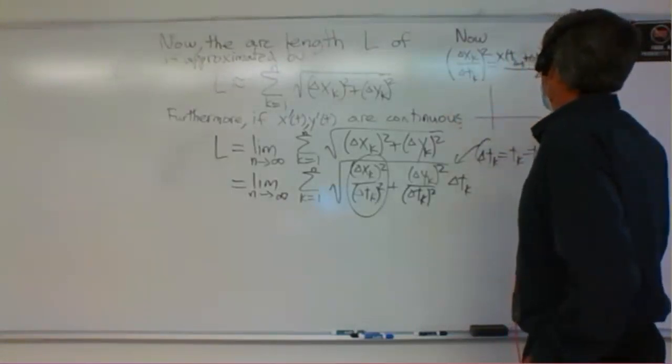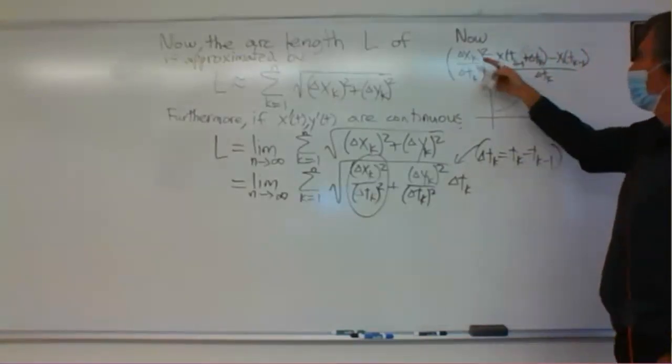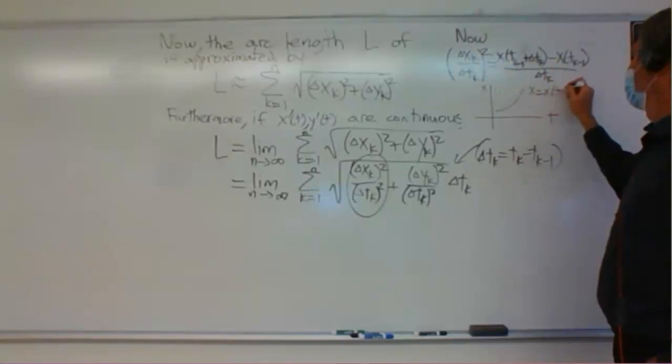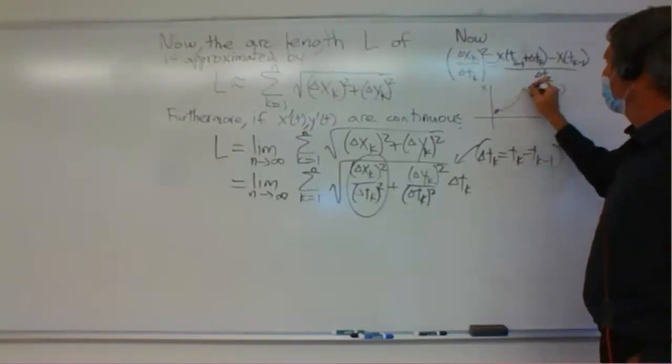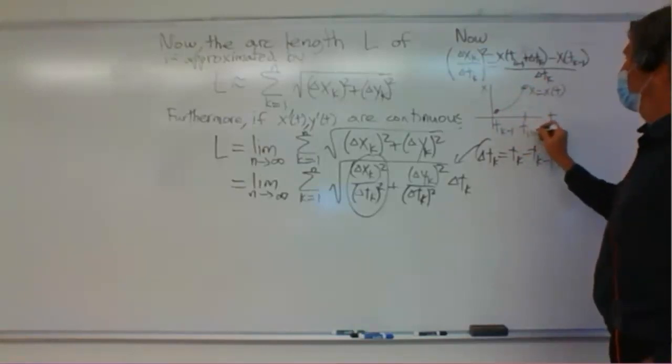Like this, if you put t versus x, and maybe this is the curve x of t, right? And I go from this point here at tk minus 1 to this point here at tk.